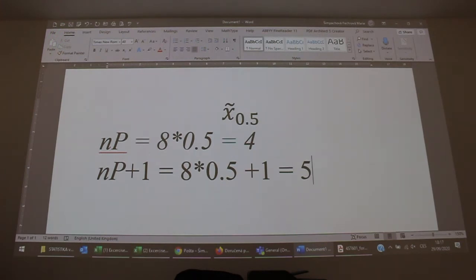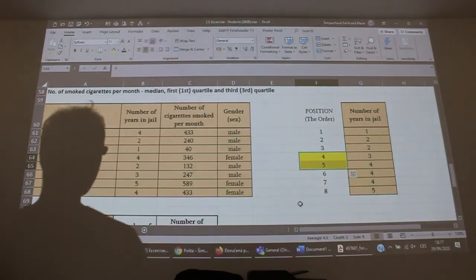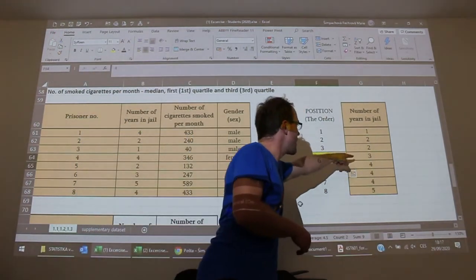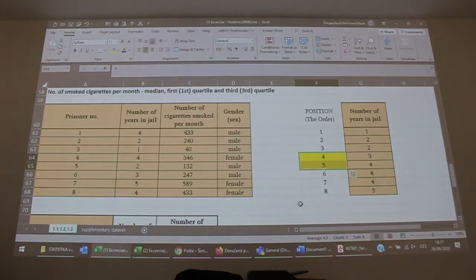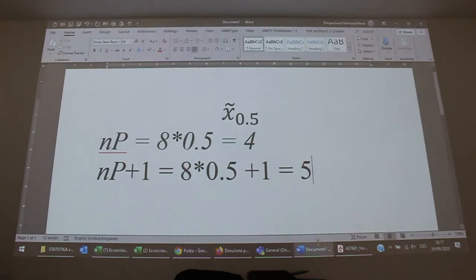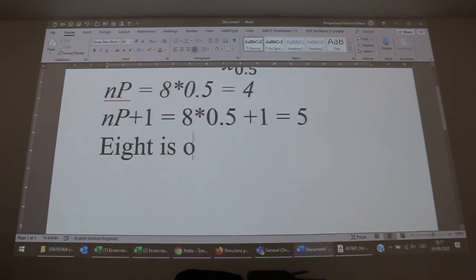So median must be placed between the 4th and 5th position in this sorted column. Where are the 4th and 5th positions? Here, yes? So the median is between value 3 and 4. So median physically doesn't exist. Why doesn't median physically exist? We have here 8 persons, and 8 is odd or even.